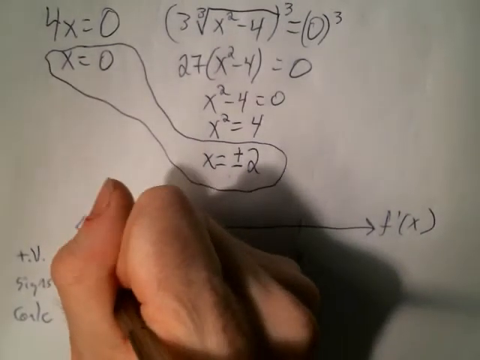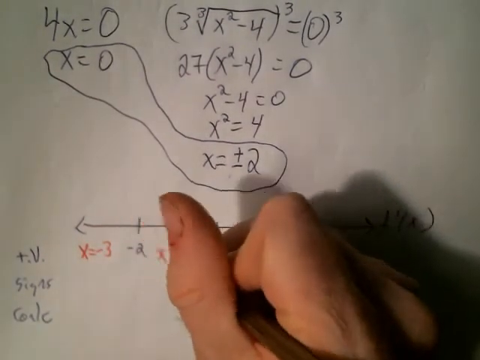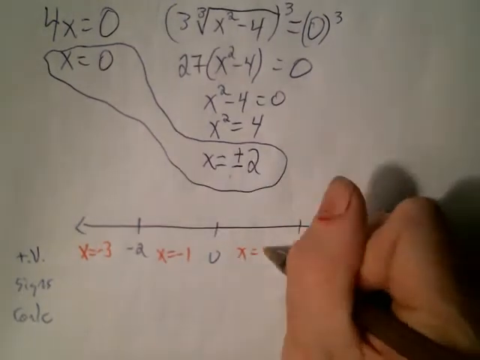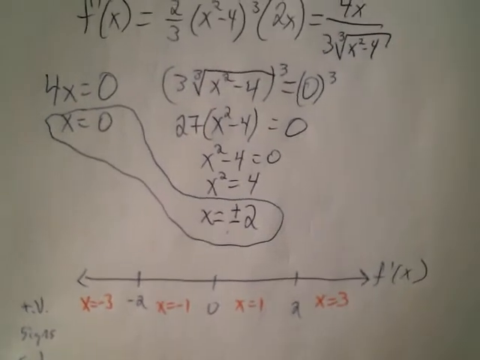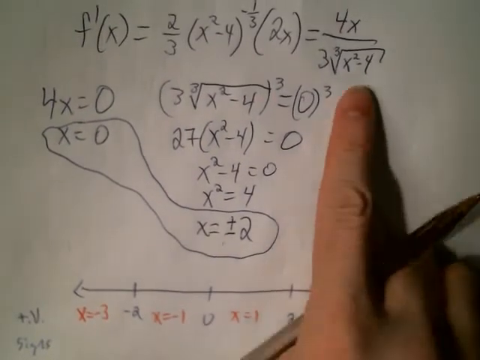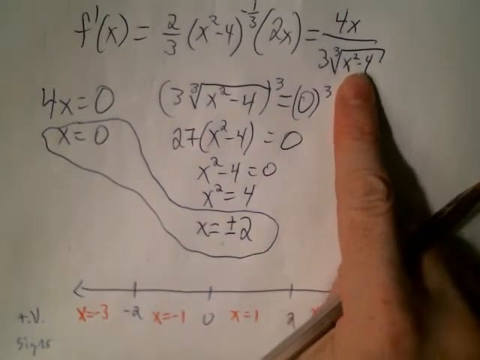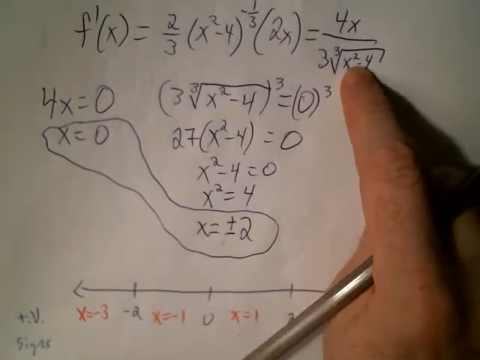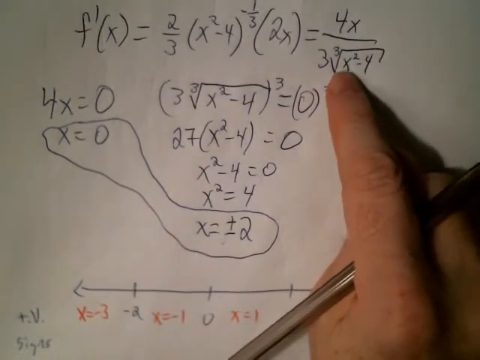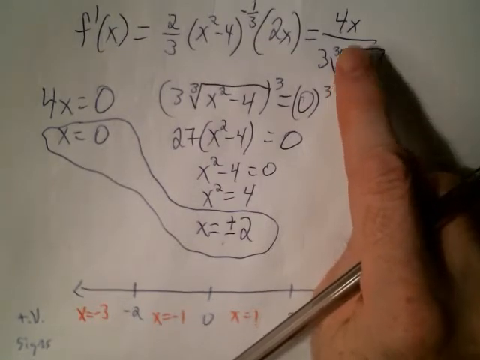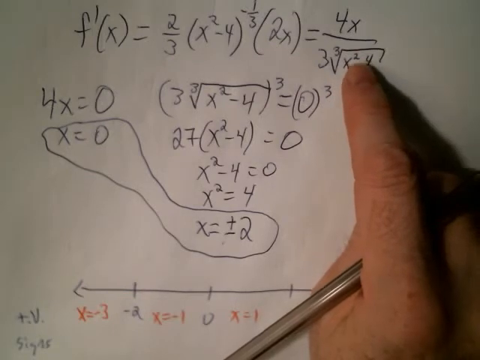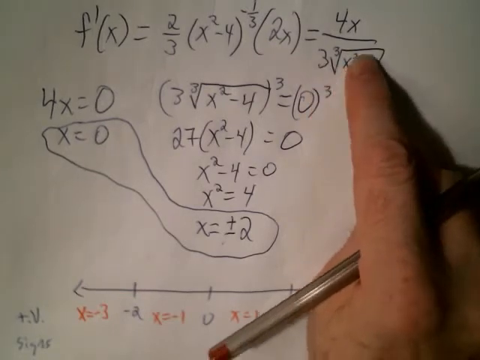Okay, so let's try x is -3, x is -1, x is 1, and then x is 3. I'm plopping everything into this guy right here. So if I plug -3 into here, the denominator is going to be positive, right? -3 squared is 9. 9 minus 4 is a positive number times another positive number is positive.